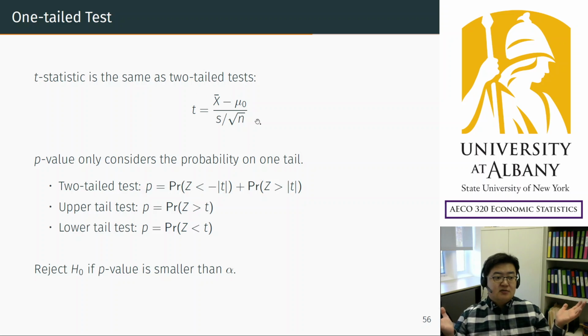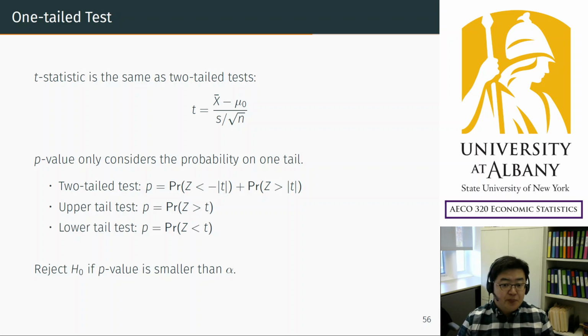The t-statistic is just neutral. It is just a standardized difference. It does not say where we are going to reject, right? But for the p-value, after calculating the t-statistic in the same way, when you calculate the p-value, now it depends on what test you are using.